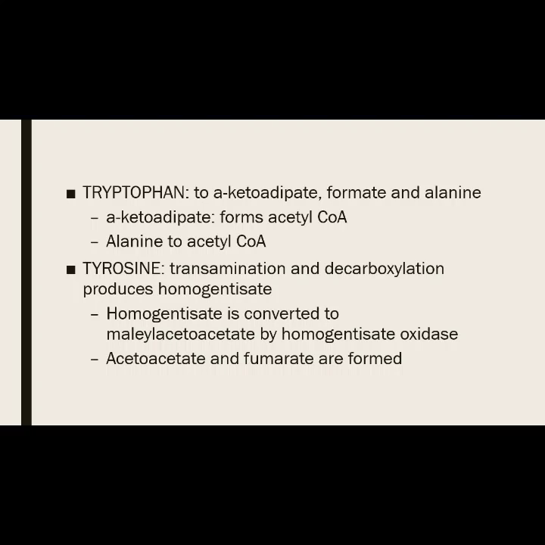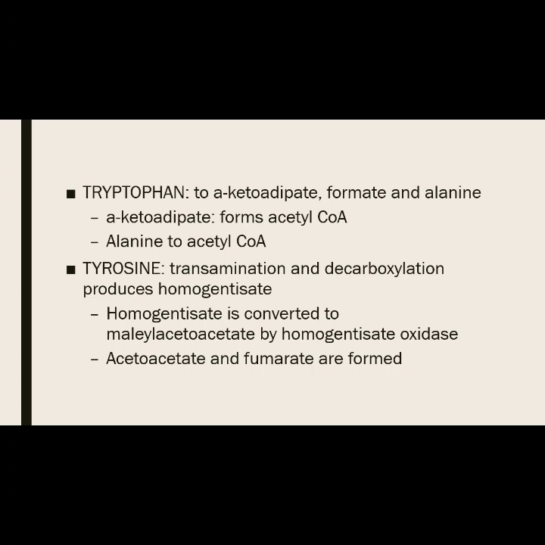For your tyrosine, it actually begins with a transamination and decarboxylation to produce your homogentisate. This homogentisate is converted to maleylacetoacetate by your enzyme homogentisate oxidase. In the absence of homogentisate oxidase, there is a disorder related to this one.